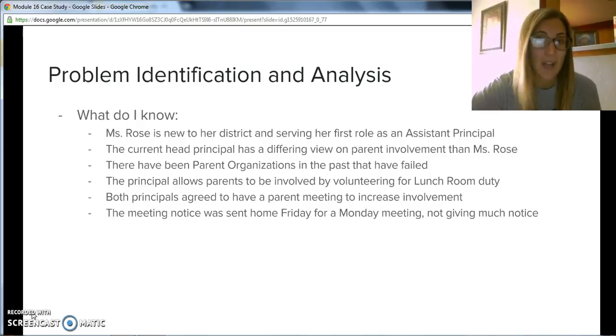The head principal does not want it to turn into a PTO or a parent organization, but he has agreed to have the meeting. The meeting notice was sent home on a Friday with kids for a meeting on Monday, so it did not give parents a lot of notice.